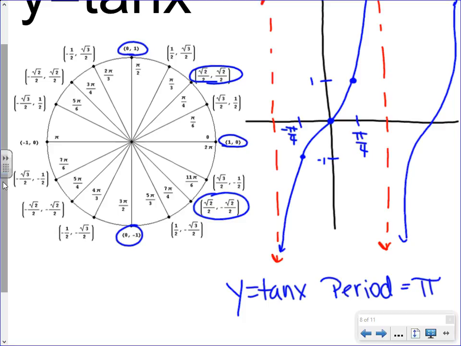So I have another handout for you, because we're going to use the framing method again, but the tangent frame is a little different. You'll get this on the back.